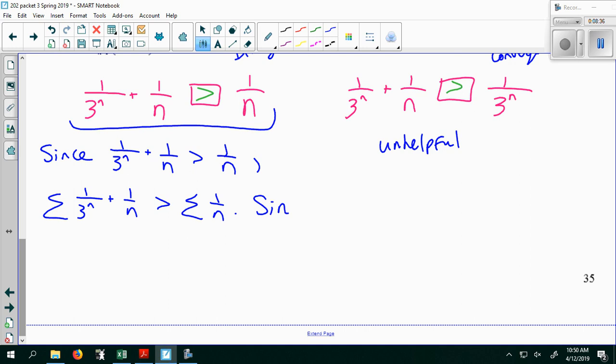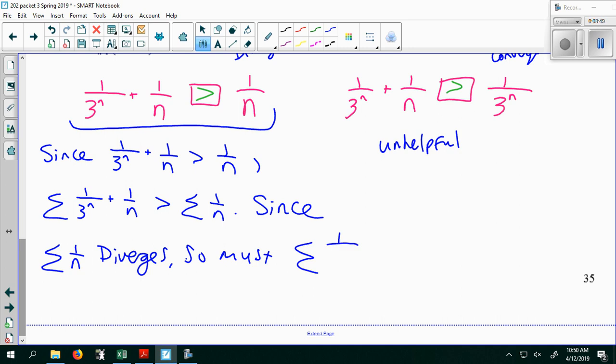And then I'll say, since the infinite sum of 1 over n diverges, so must the infinite sum of 1 over 3 to the n plus 1 over n.